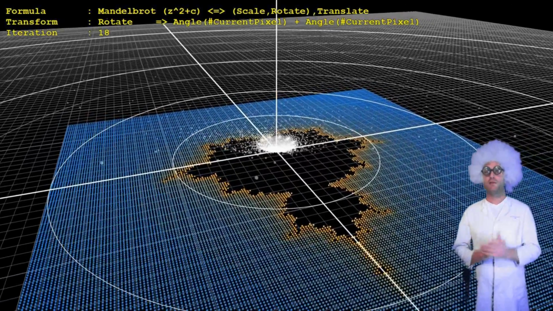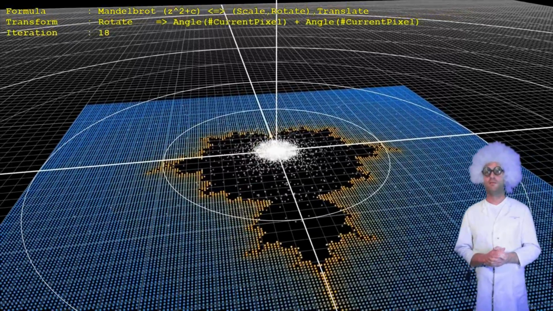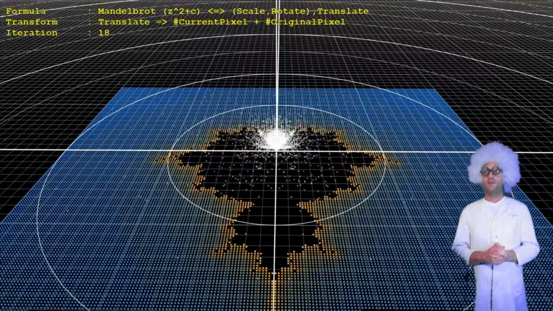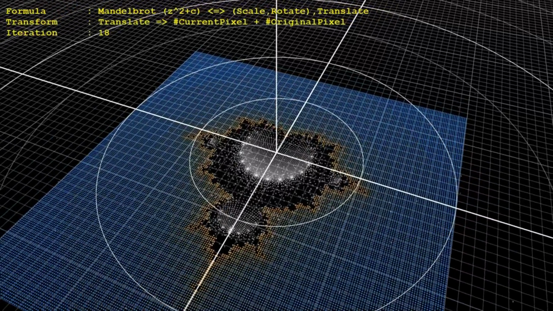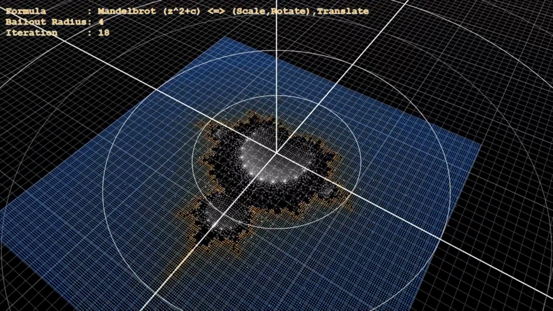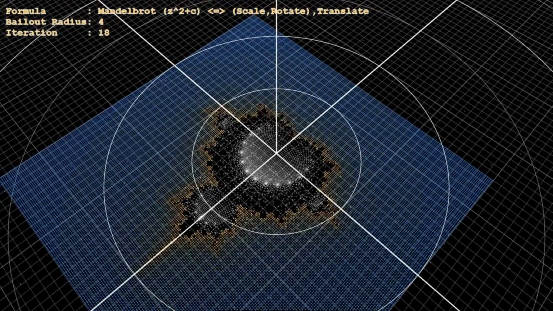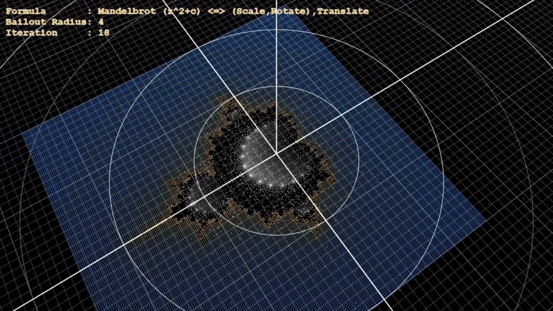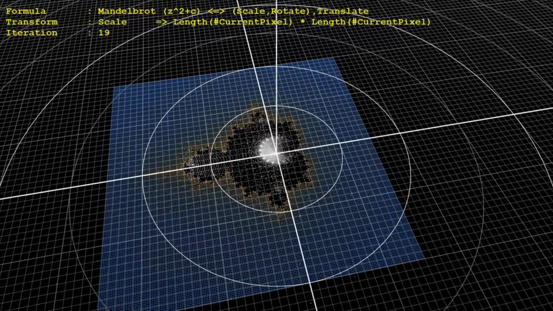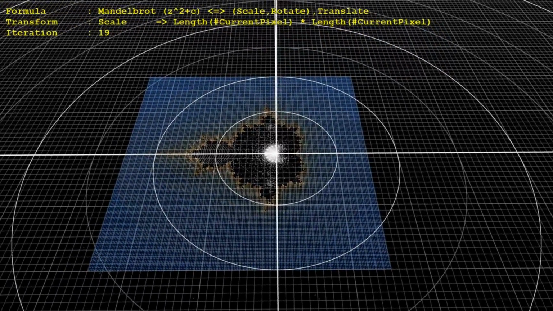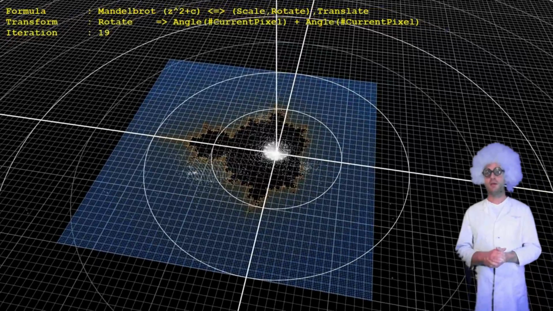Points on the positive x-axis do not move at all. They have a polar angle of 0. The rotation.